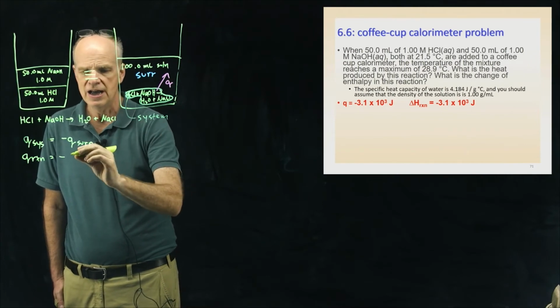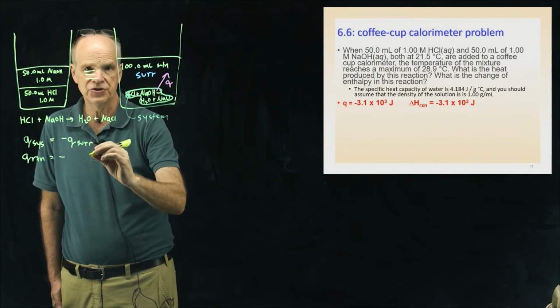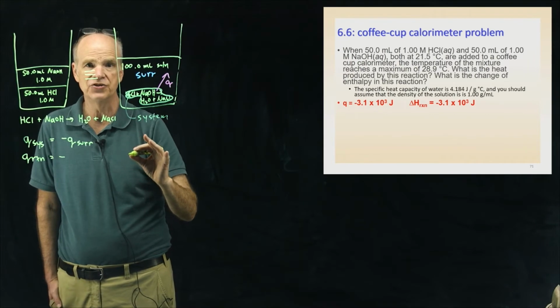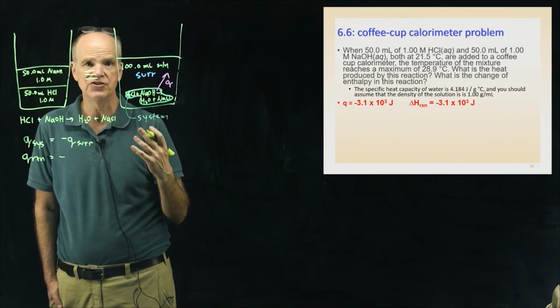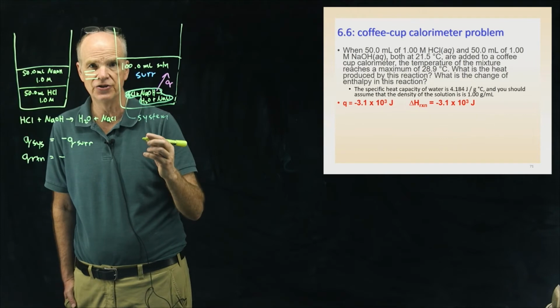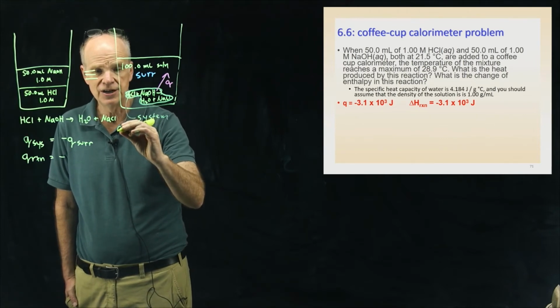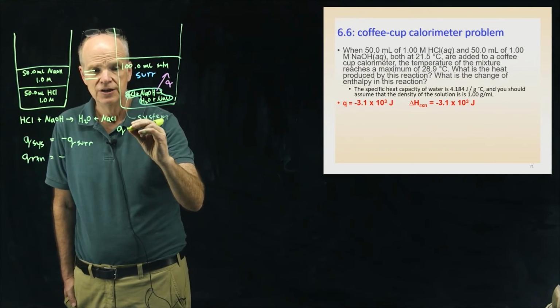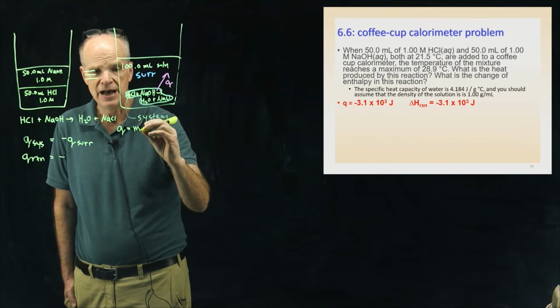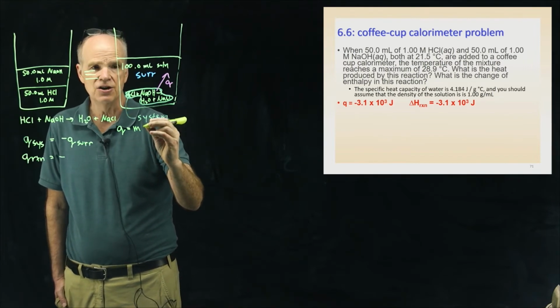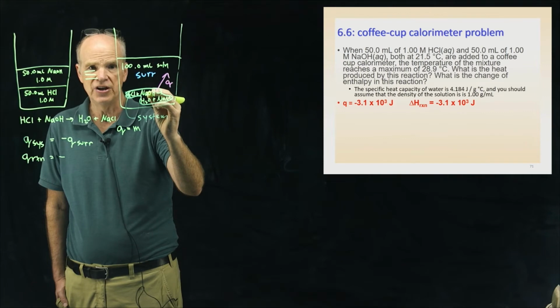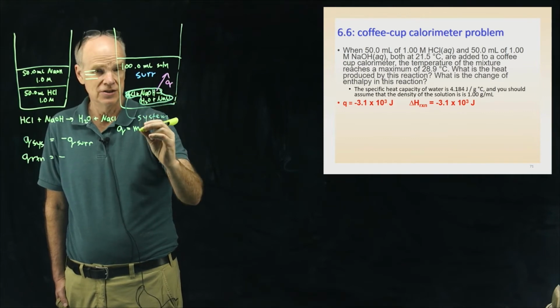So we want to have a Q of the surroundings, and so let's break this into individual masses and specific heats and temperature changes. And so to do that, you probably already know here that Q is going to be equal to the mass of the solution. Here we're looking at the solution itself, and we're going to be considering the mass.